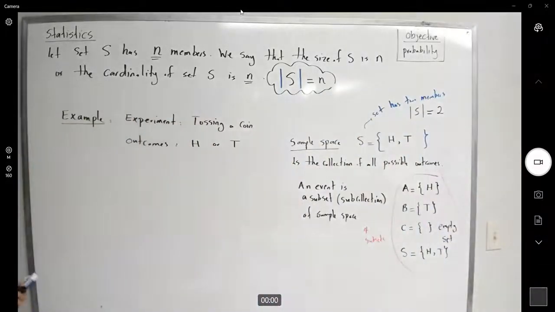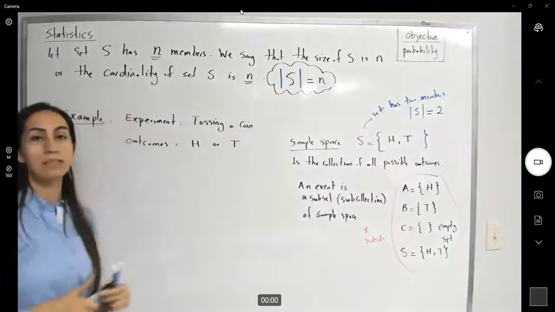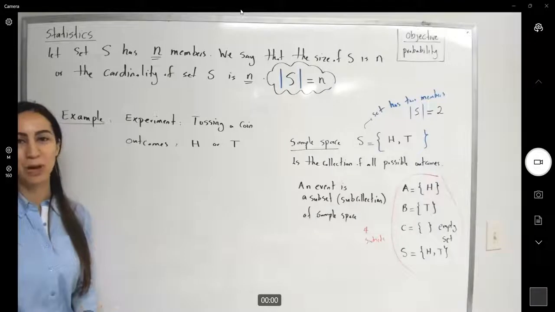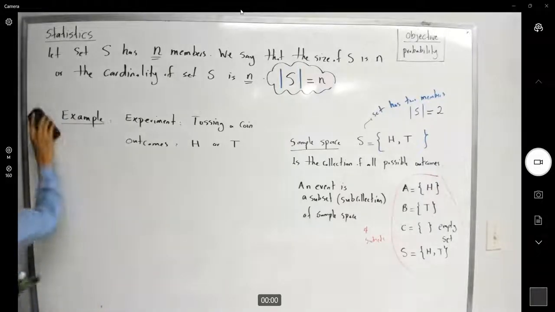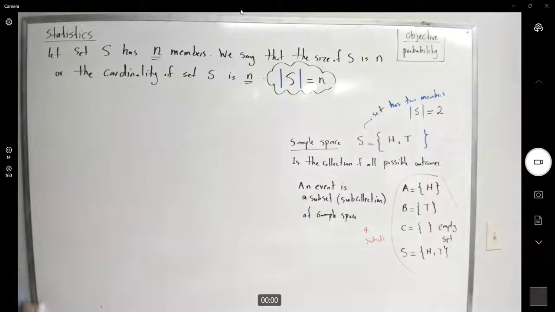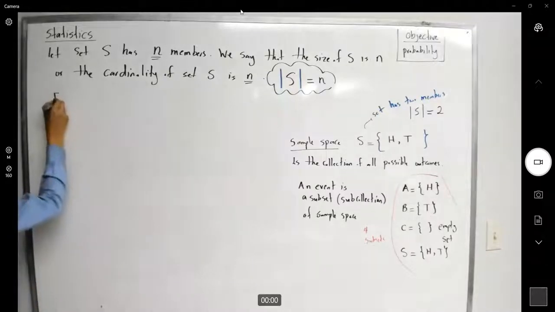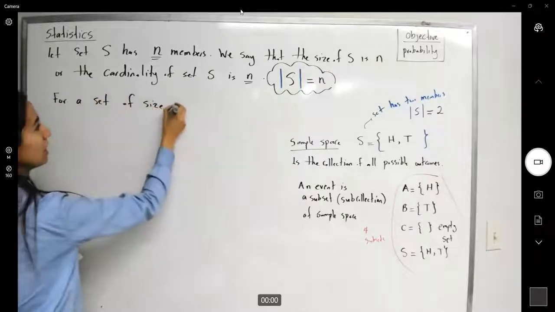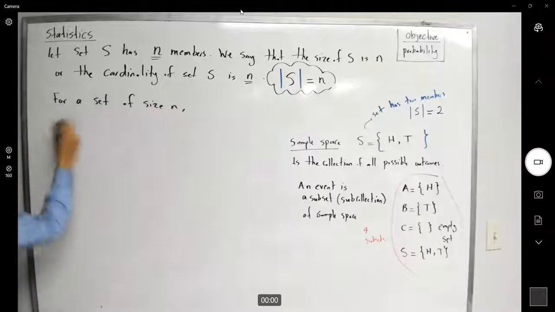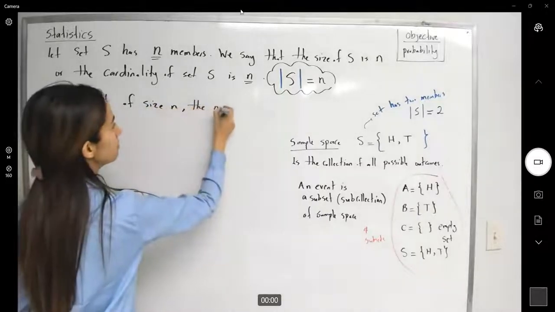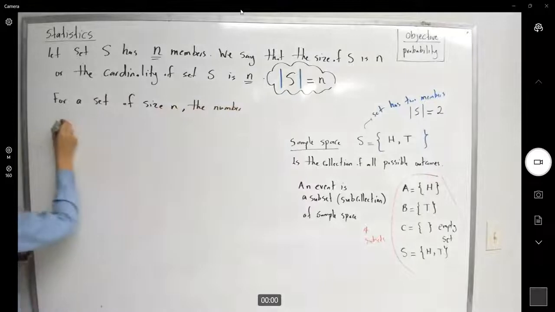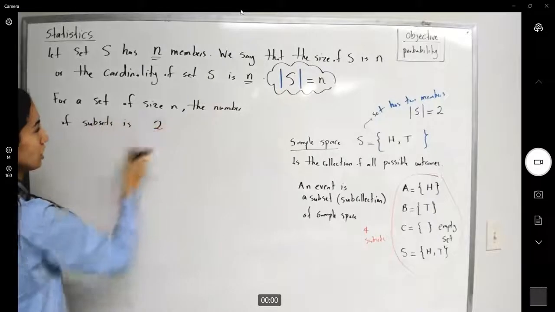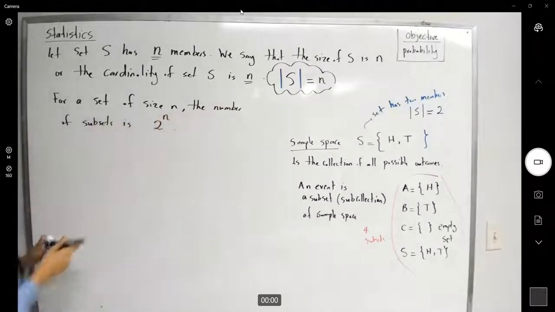If you know how many members are in set S, you can actually find the number of subsets for that set. For a set of size n or cardinality n, the number of subsets is 2 to the power n.